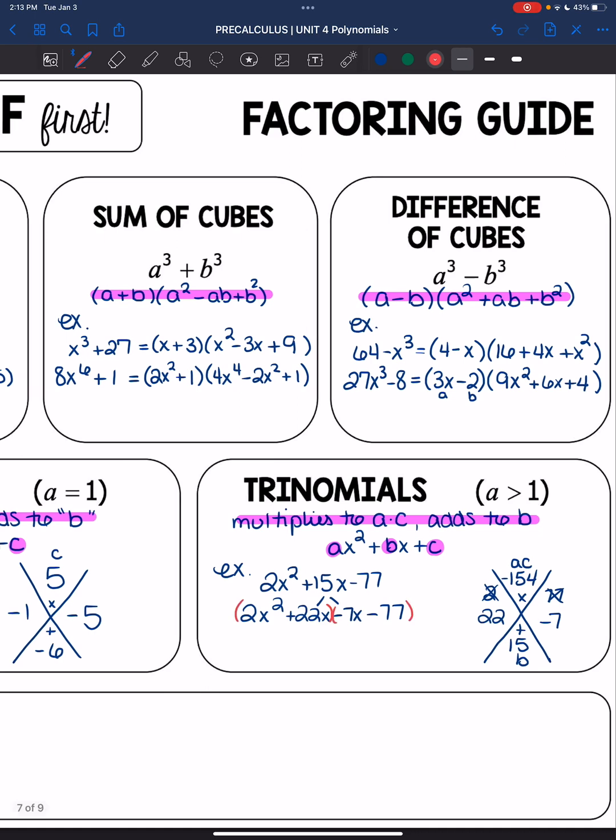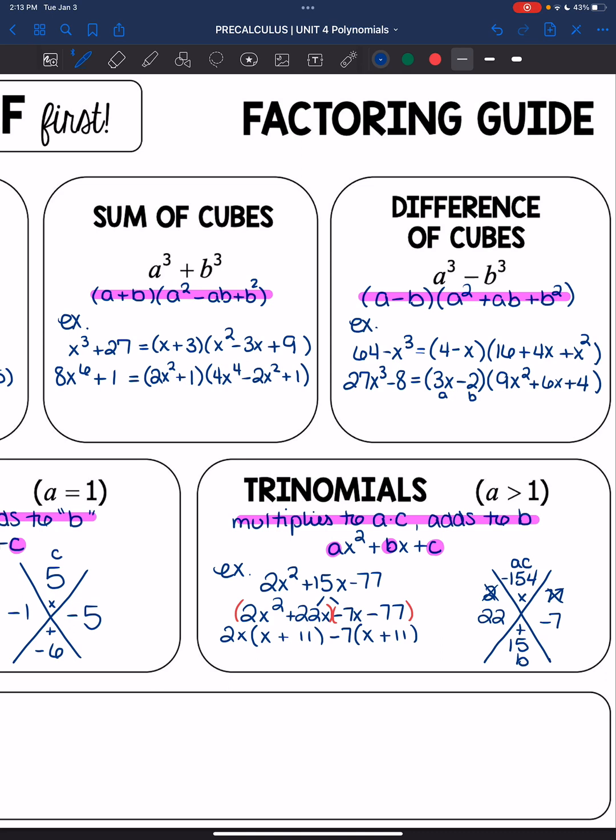And we ask ourselves, okay, what is the GCF in that first grouping? Looks like I can take out a 2x, leaving me with an x plus 11. And in the second group, a negative 7 for sure, and an x, and if I factor out a negative, it will be a plus 11.